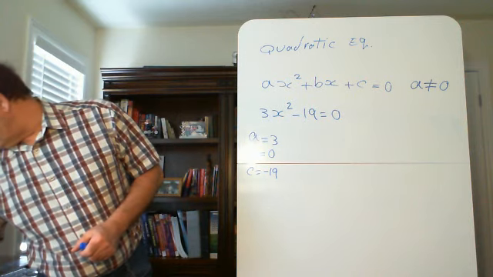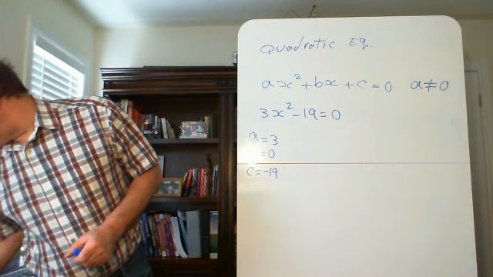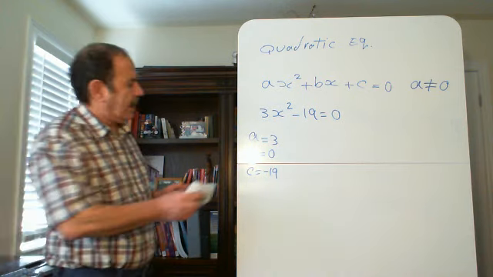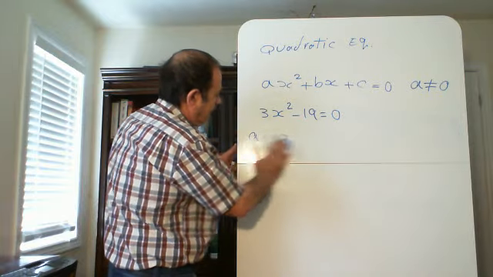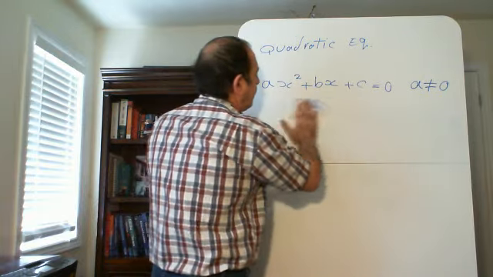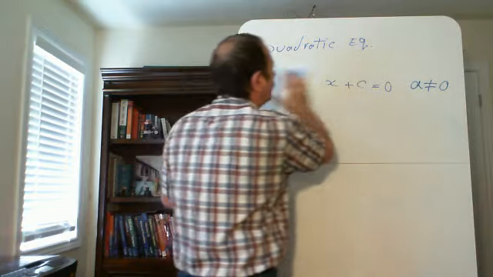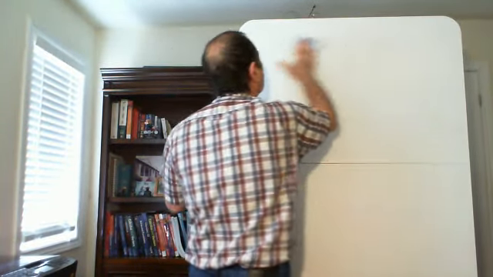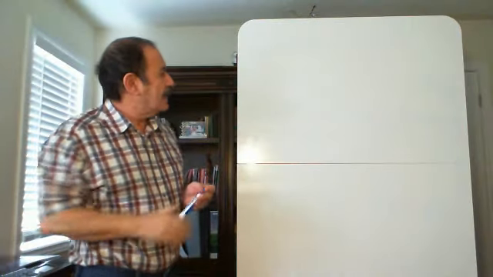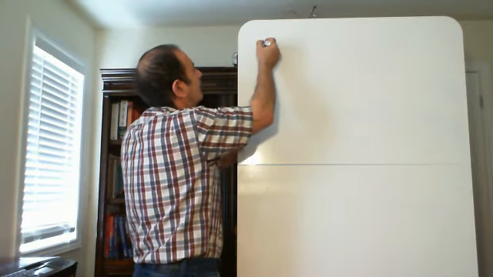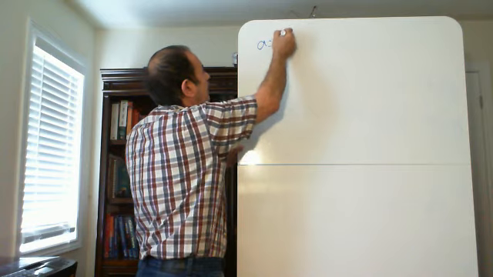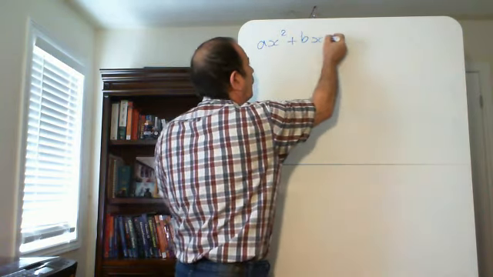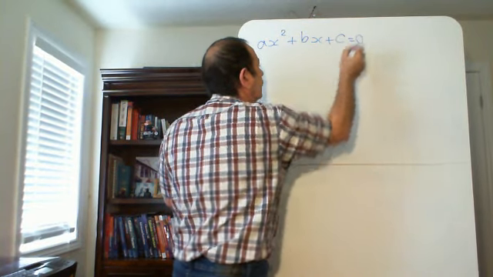Let's do this example. I shouldn't erase this one, but I'm going to rewrite it again. So this is the standard format: ax squared plus bx plus c equal to 0.